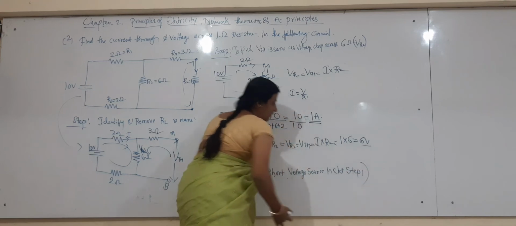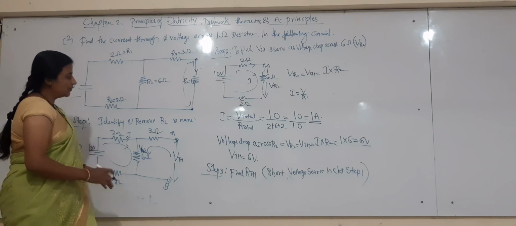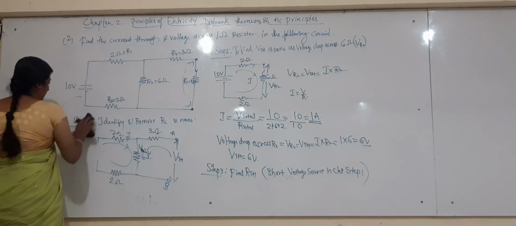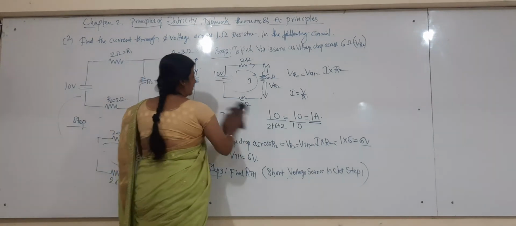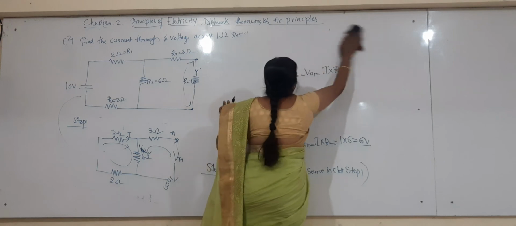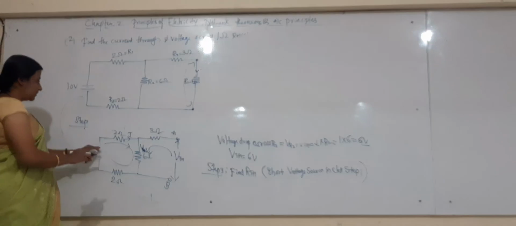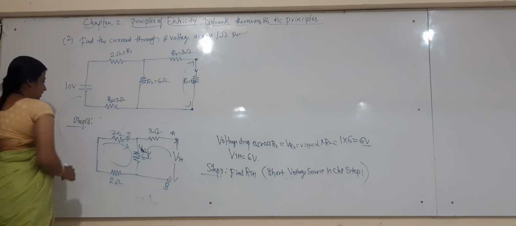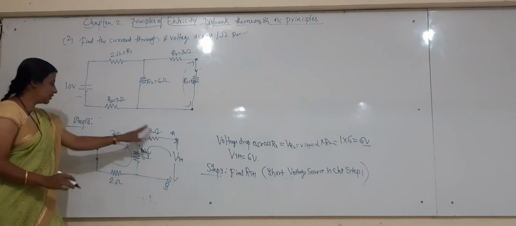So in this circuit we have to short the voltage source. That is step 3: short the voltage source, and the circuit looks like this.